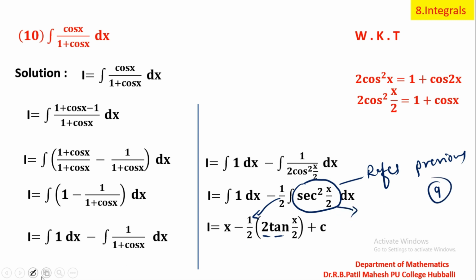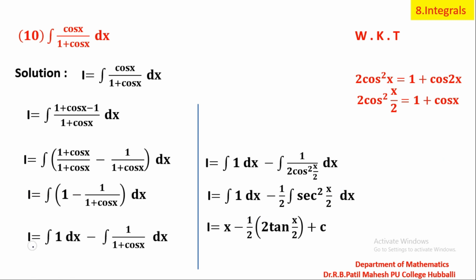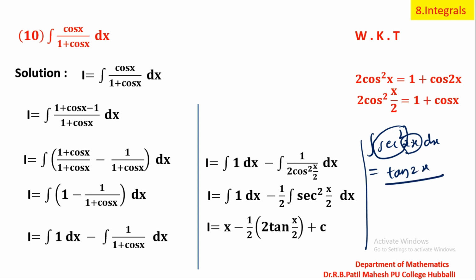Otherwise, if it is difficult for you, let me take integration of secant square 2x just for understanding purposes. Integration of secant square is tan 2x as it is, and in the denominator, the x coefficient, that is 2, plus c.